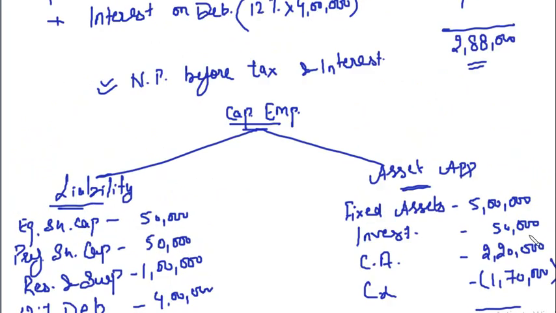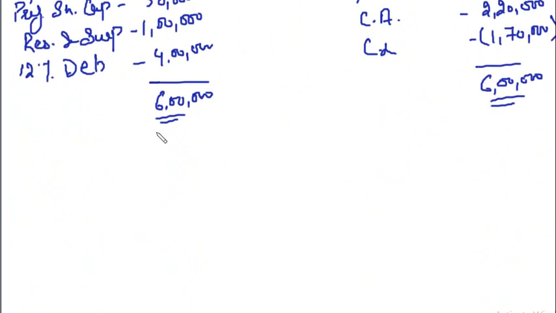Now you have got net profit before tax and interest, and you have got what? Capital employed. Right? So now you can calculate the ratio.